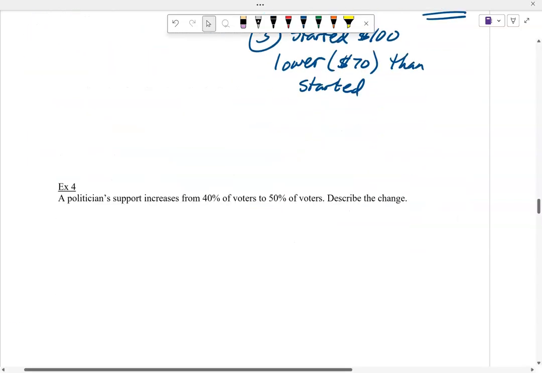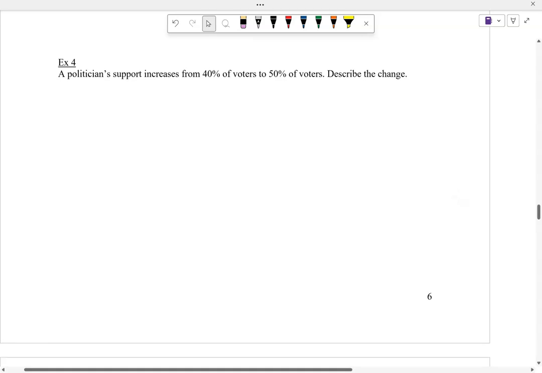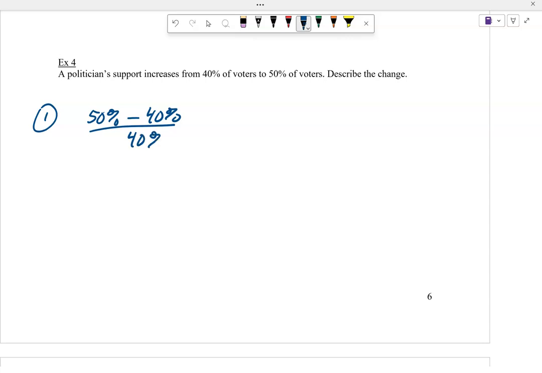One more before we get into 4.4. Politicians' support increases from 40% of voters to 50% of voters. What's the change? Well, we ended up at 50%. We started at 40%. We're comparing it to the original 40% of voters who supported, right? So we have 10% out of 40%.